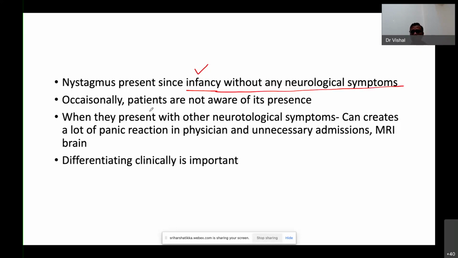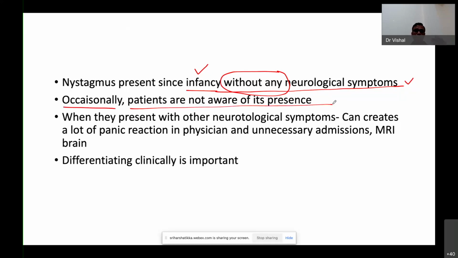Otherwise, many a times these patients undergo admissions, unnecessary testing. Many times they don't have neurological symptoms also, and they come for something else, and if the nystagmus is seen, they can undergo neurological evaluation in the form of MRI or urgent admission. Occasionally, patients are not aware of this presence.